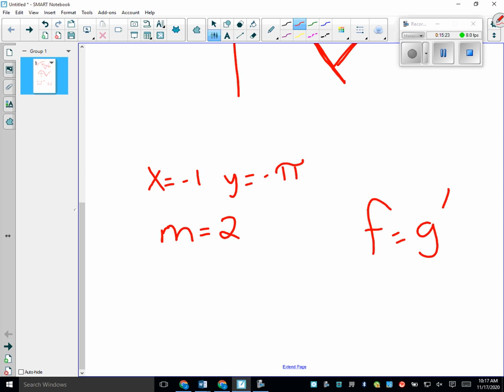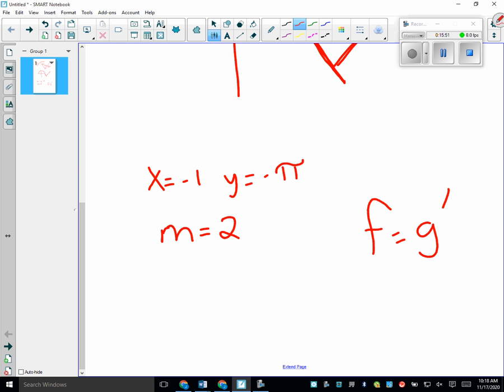The second derivative of G is not defined at x equal 1 and x equal 2. Which of these x coordinates are points of inflection? It's a point of inflection when it changes concavity.